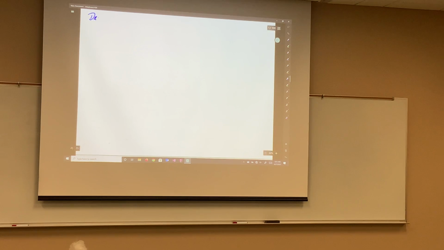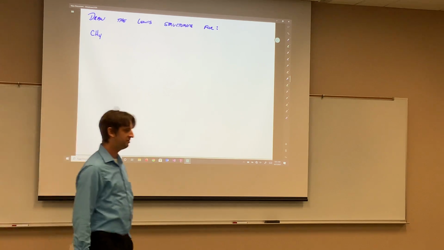So what I want you to do is draw me the Lewis structures for something you've never drawn before. Methane.